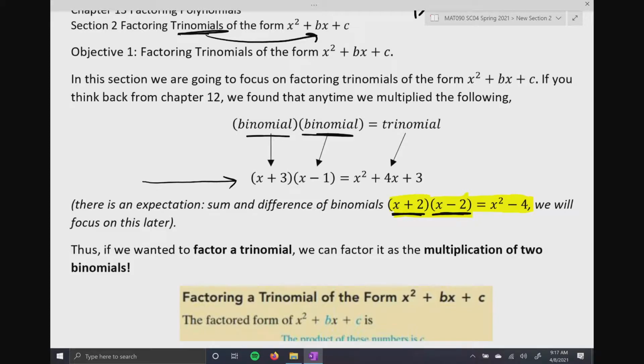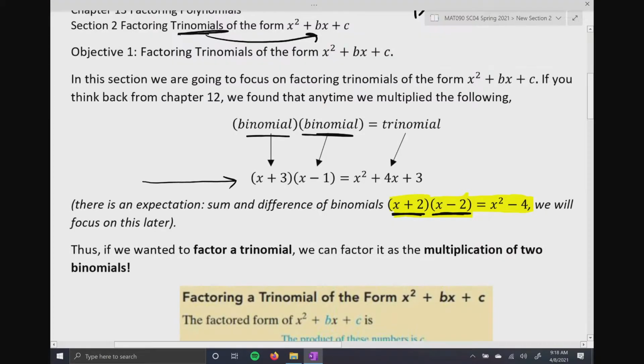The telltale sign is that you have to recognize this is one of those special products from chapter 12, section 5. This is that sum and difference of binomials, where it's x plus 2, x minus 2, or x plus 4, x minus 4, or x plus 8, x minus 8. In other words, the terms are the exact same. They just differ by the signs in between.